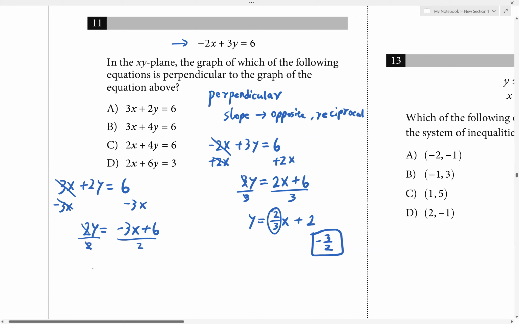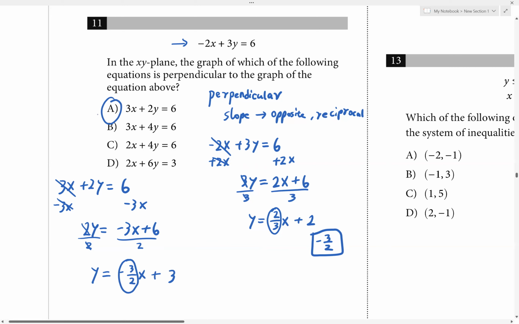The 2 cancels, and y equals negative 3x over 2, which we can rewrite as negative 3/2 x plus 6/2, that is 3, the y-intercept. So we see the slope for this one is negative 3/2. That's actually what we want. So A should be the final answer.